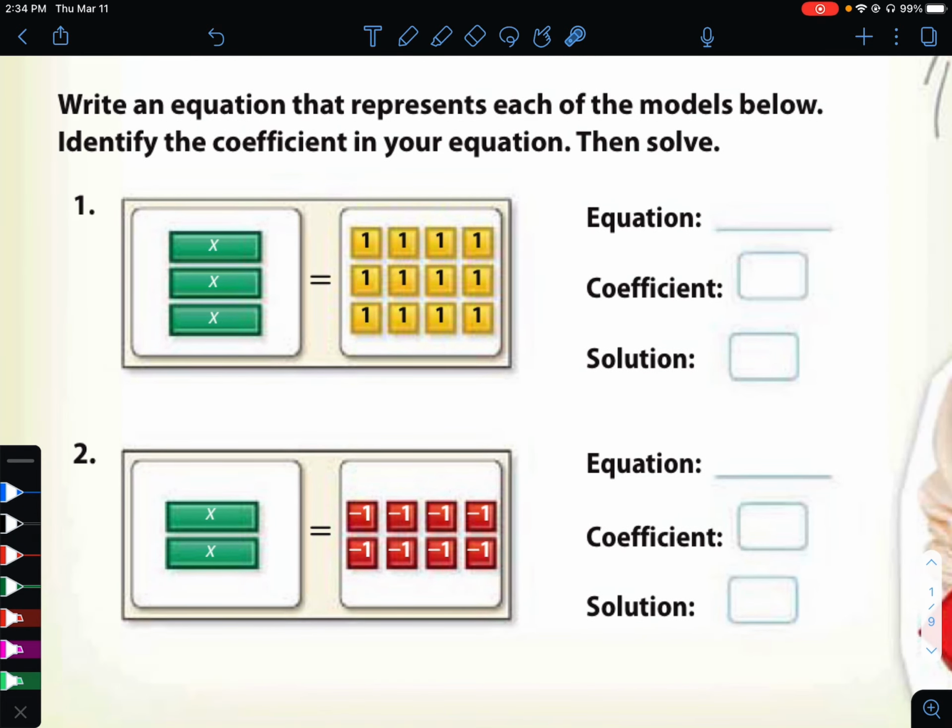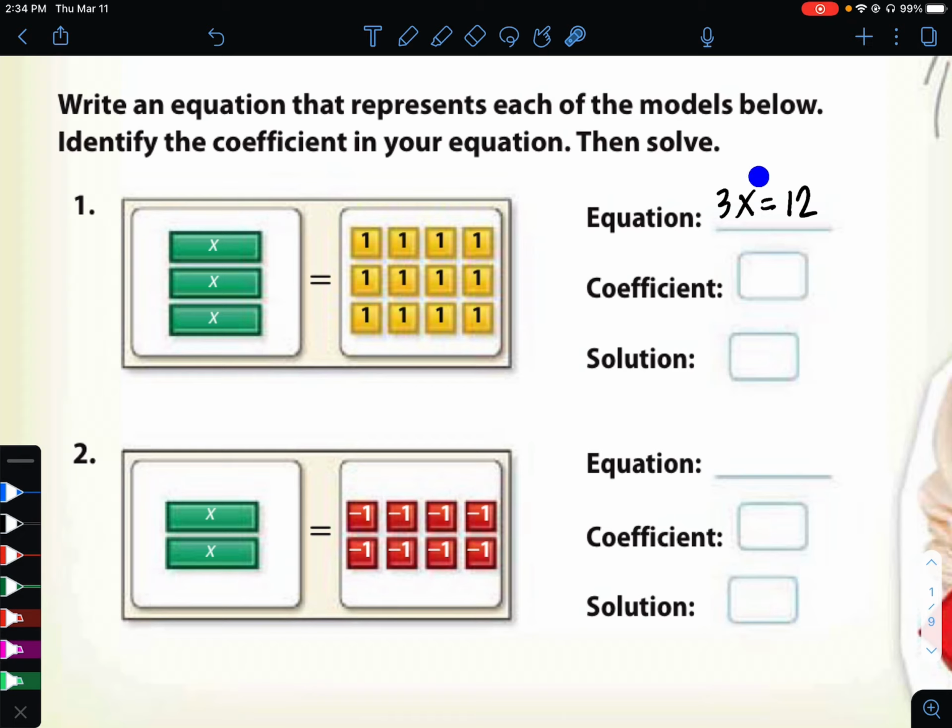Write an equation that represents each of the models below. Identify the coefficient in your equation, then solve. First, you have 3 x's and you have 12 unit tiles. So the equation here is 3x equals 12. Of course, we know that the coefficient only exists when there is a variable.